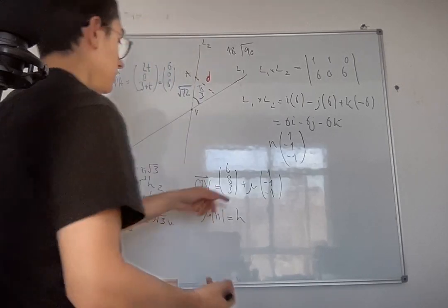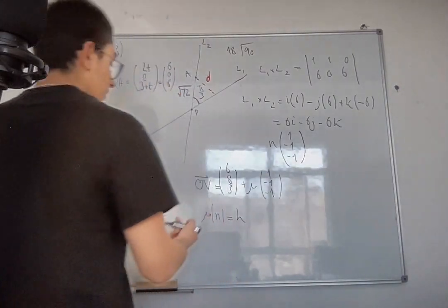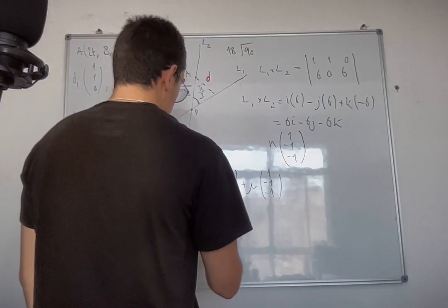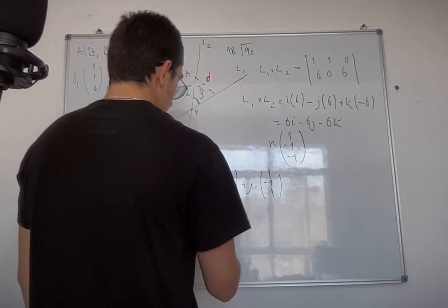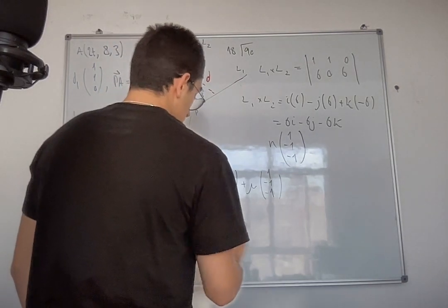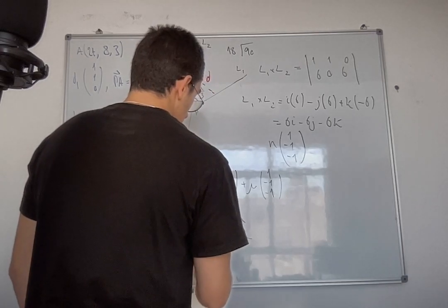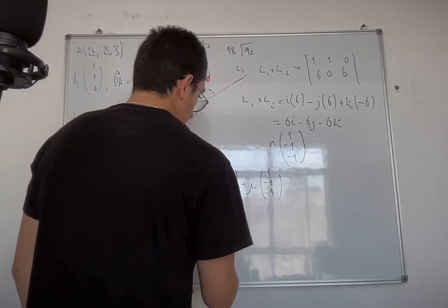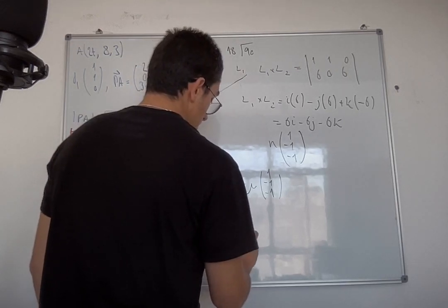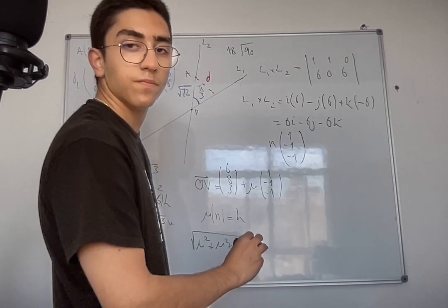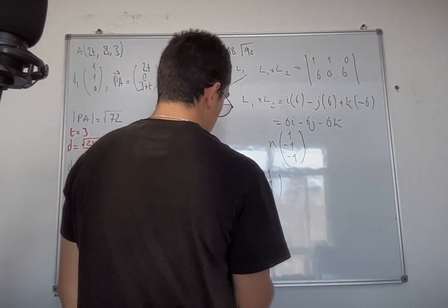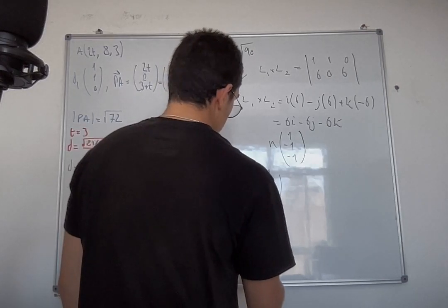So the magnitude of the normal times mu: mu squared plus mu squared plus mu squared, so 3 mu squared under the radical is equal to h.